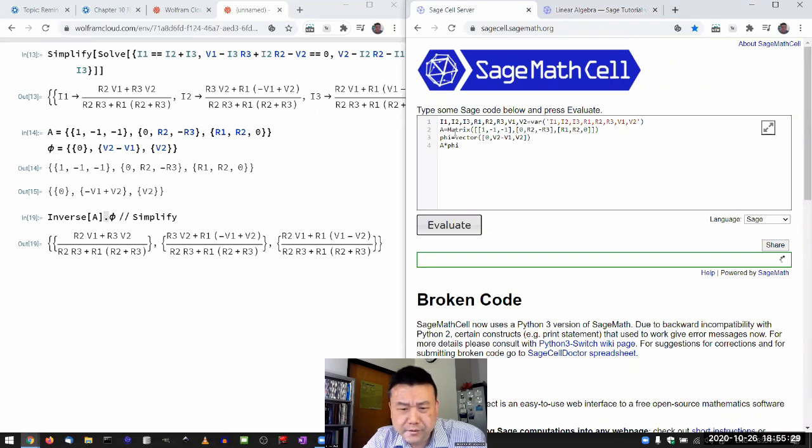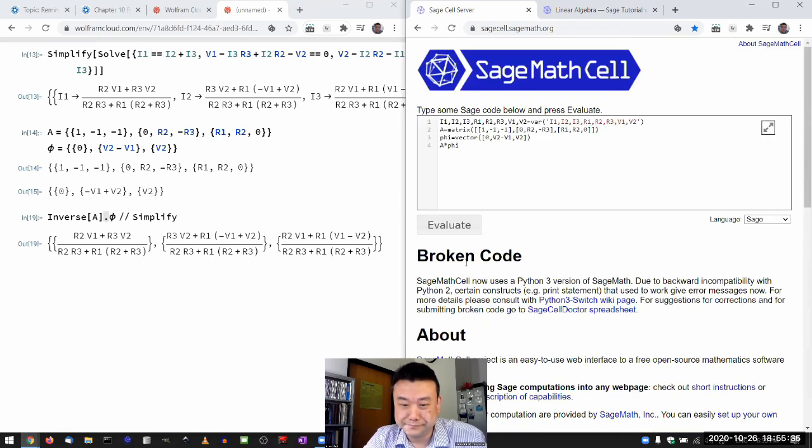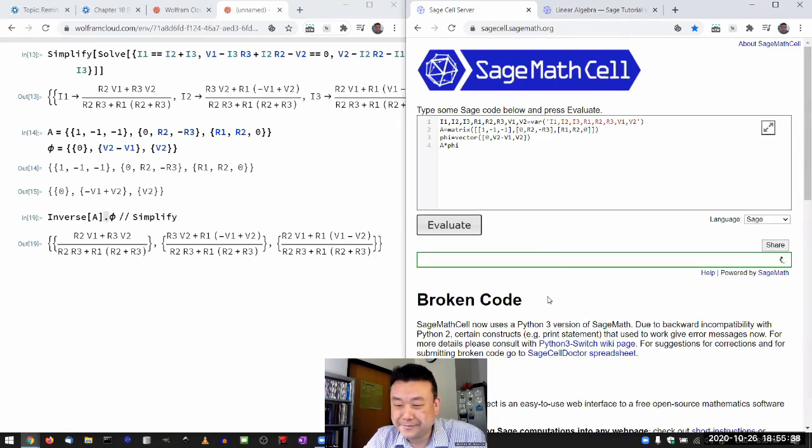Someone probably should tell them to fix that typo. I don't know what the system does with the half-run code. I hope I'm not doing anything terrible to the server. Yeah, so it gives me the result. It's a vector of 3 elements. This is the first element, second element, third element. Okay.